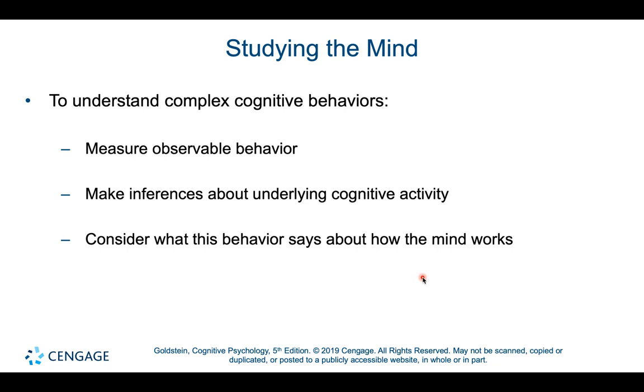All of this stuff leads up to basically what we're going to call the cognitive revolution, which is this explosion of cognitive psychology research that happened in the 50s and the 60s when everyone realized maybe behaviorism wasn't the best way to do psychology. And so we're going to pick up on part 2 of this lecture and talk about some major themes in how we study the mind in modern cognitive psychology.